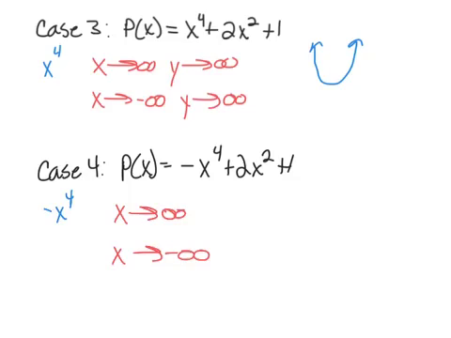Basically, based on the last answer, when x to the fourth is positive, I'm only going to get positive values out. So it doesn't matter what I put in here. X to the fourth is going to be positive, but then I'm always going to multiply by a negative 1, which means as x approaches positive infinity, y is approaching negative infinity. And the same thing when x approaches negative infinity, y is approaching negative infinity.